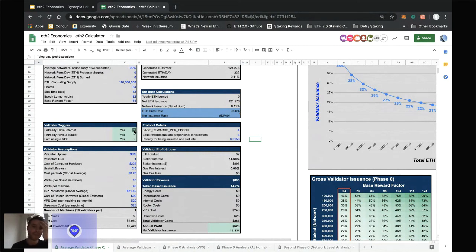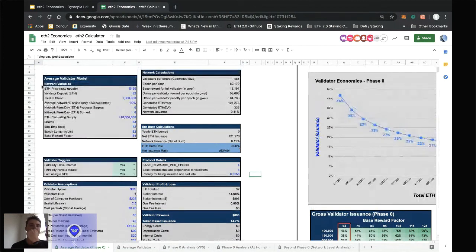So, there's this first box here. Anything in blue can be changed, and this is basically an input, and anything in black is an output. That's the way you should look at it. For example, base reward is fixed, epoch length is fixed, slot time is fixed, shards is fixed.